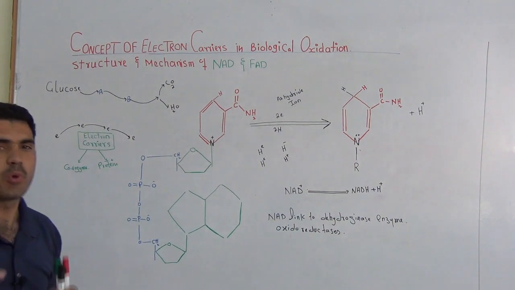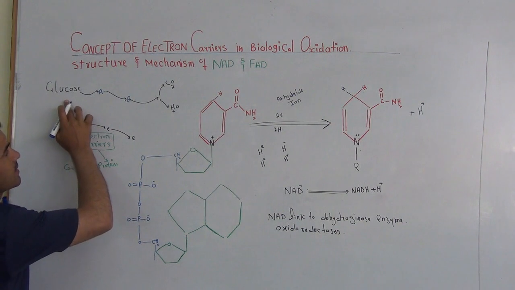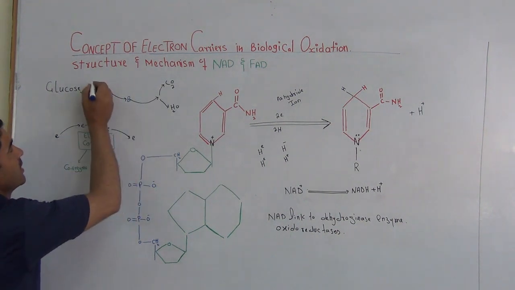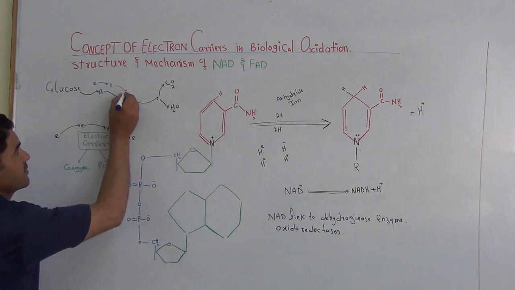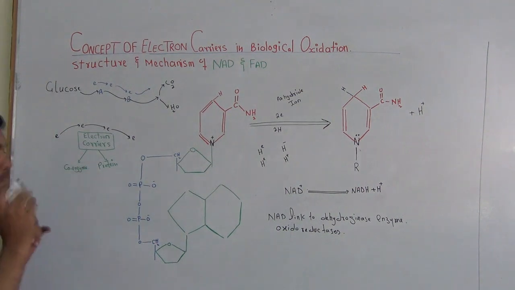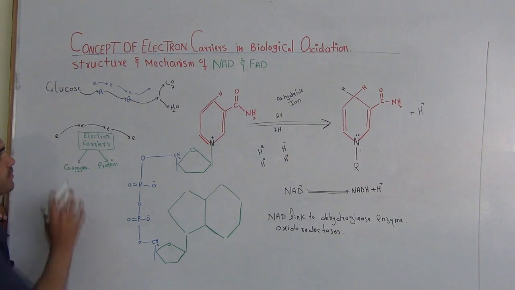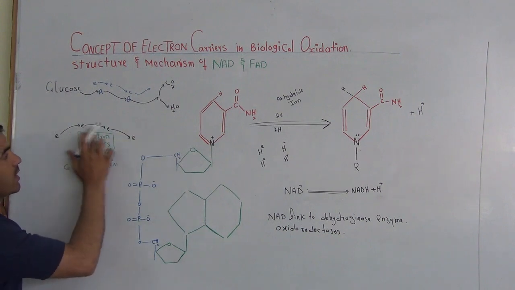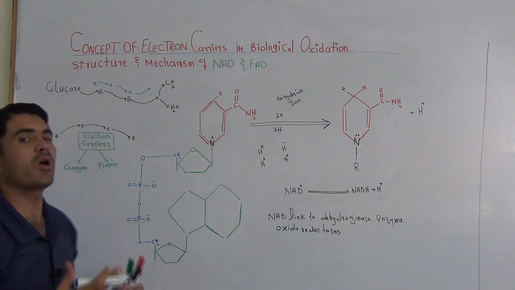So what is most important in this reaction is that during the oxidation of glucose, there is the transfer of electrons. Right? When glucose is oxidized, this transfer of electrons is today's most important topic. When electrons are transferred during oxidation of glucose, these electrons can be transferred with the help of something.